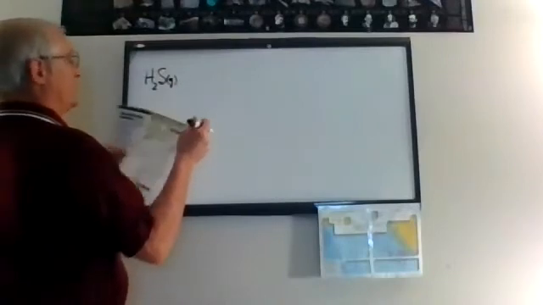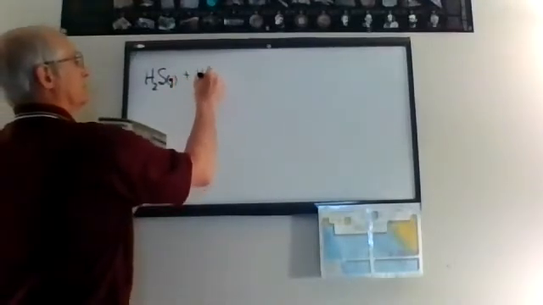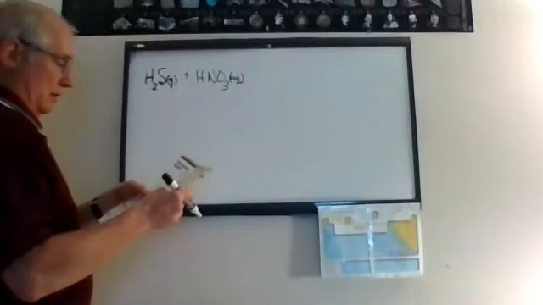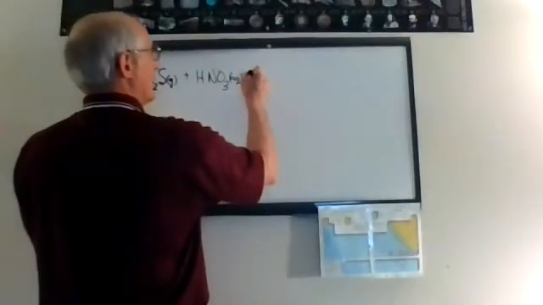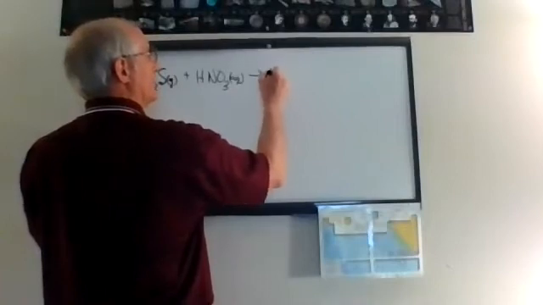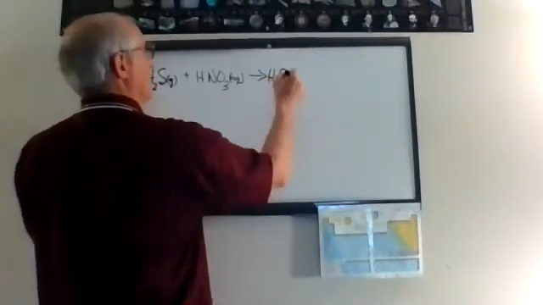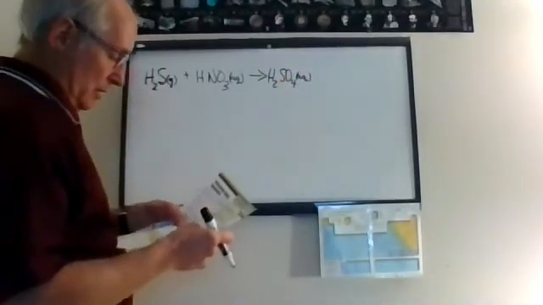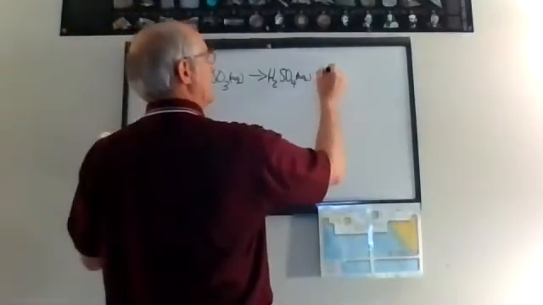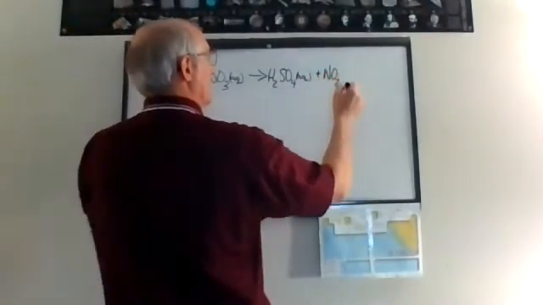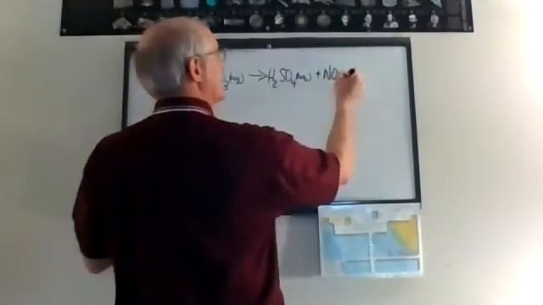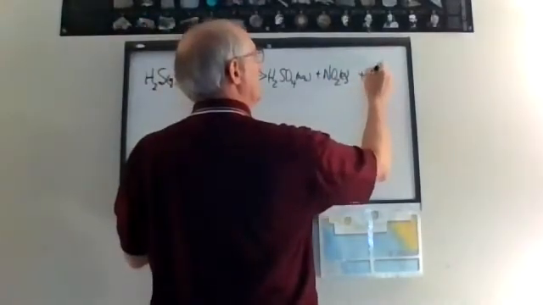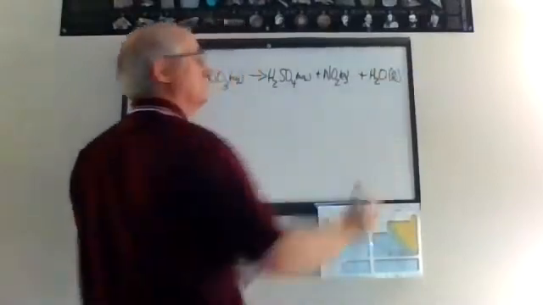And we're going to go with nitric acid, and that's aqueous. Gases are always dissolved in water. Then on the product side, we're going to get some sulfuric acid, and that's aqueous. We're going to get some nitrogen dioxide, and I believe that would probably be in the gaseous state. And we're going to get water. That would be a liquid.